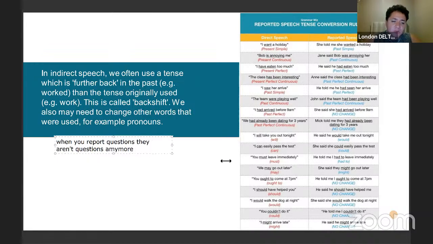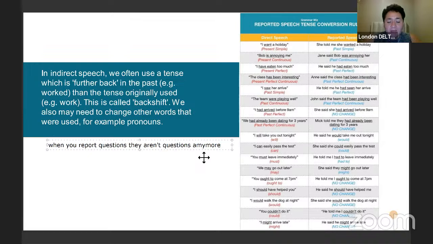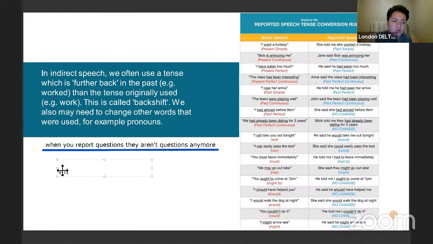Siempre que utilicemos una pregunta en reported speech, deja de ser pregunta. All right, that's one of the rules. So yeah, maybe it sounds more confusing, but let me give you the example. So imagine the question, a simple question. What's your name?